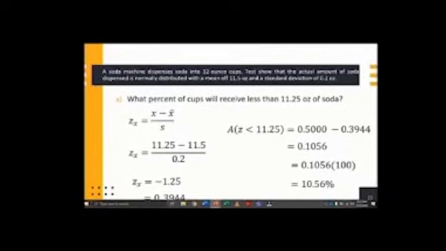So another example, the machine dispenses soda into 12 ounce cups.